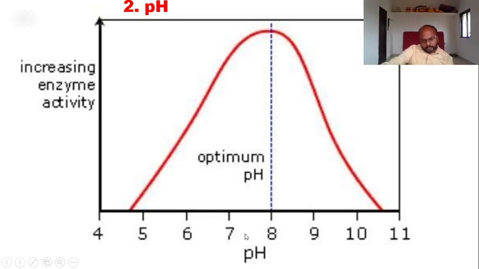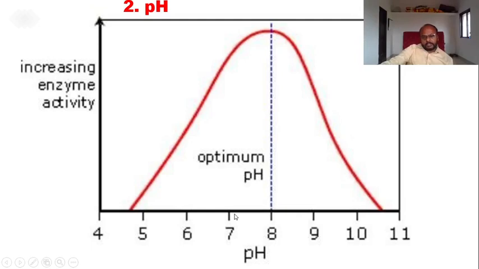That means when the pH of the medium decreases, if it is highly acidic, then the rate of the reaction is minimized, and when the pH of the medium is more alkaline, that is 9, 10, 11, then also the activity of the enzyme is decreased.